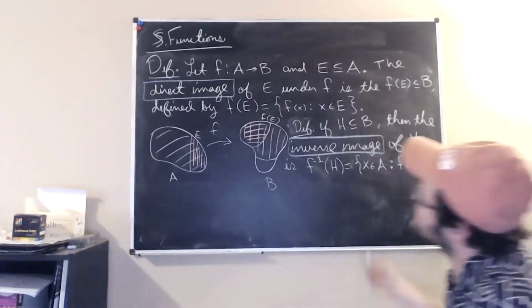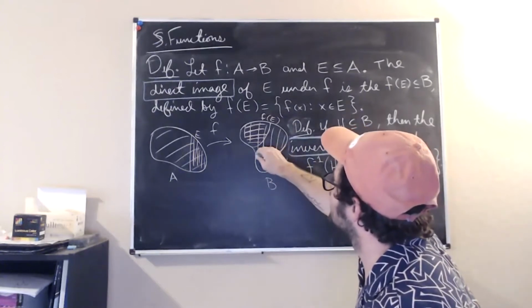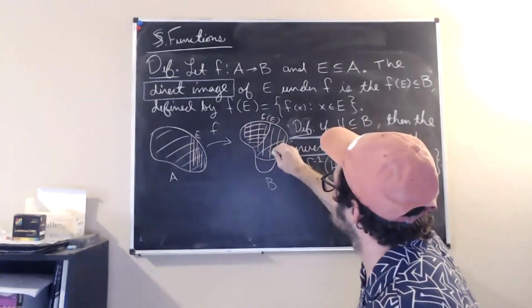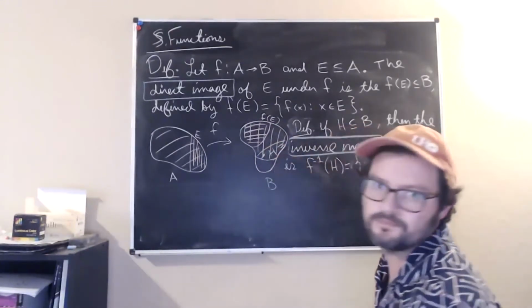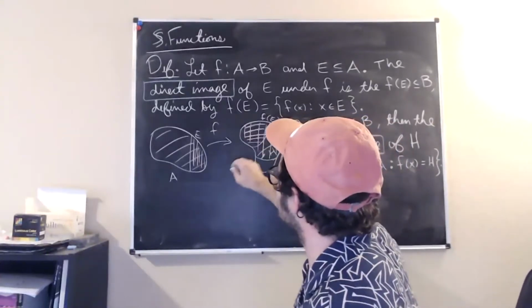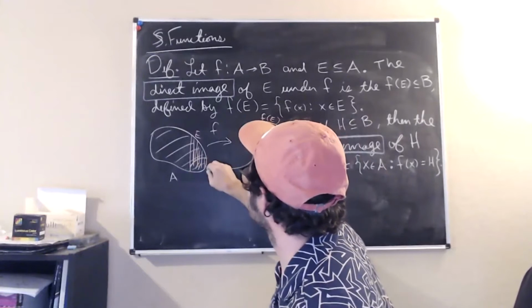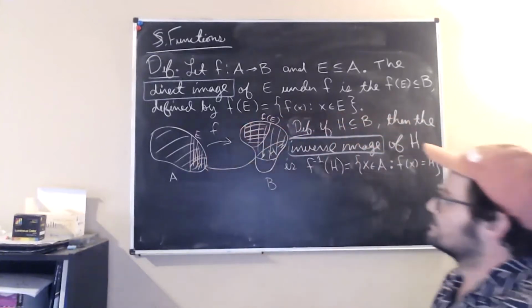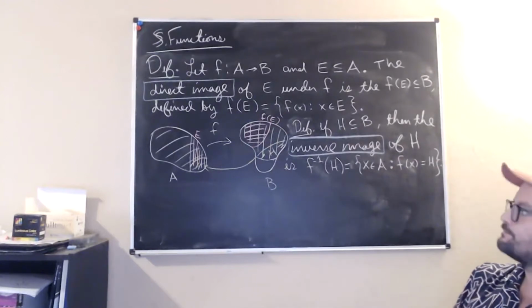Okay, so if you take a set here, H, then the inverse image is the set of all things over here that got sent to H. Okay.